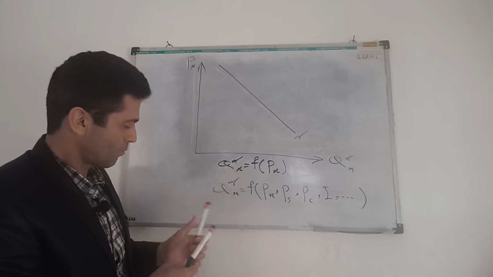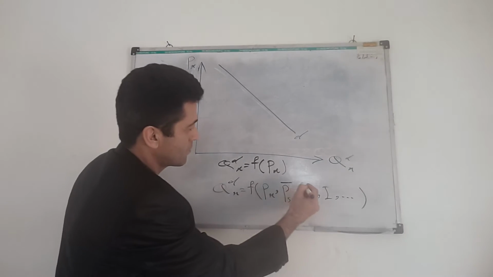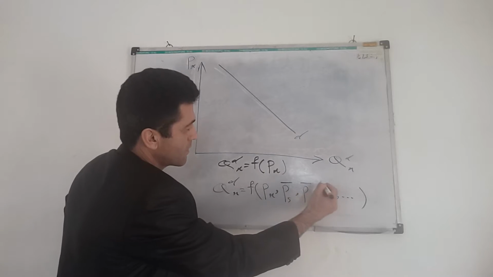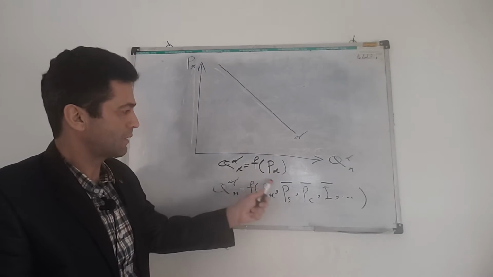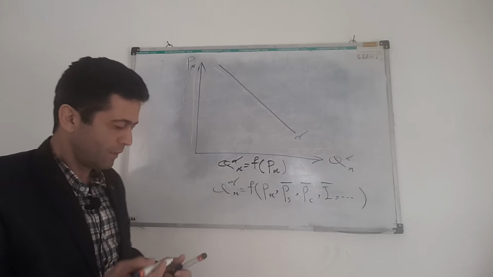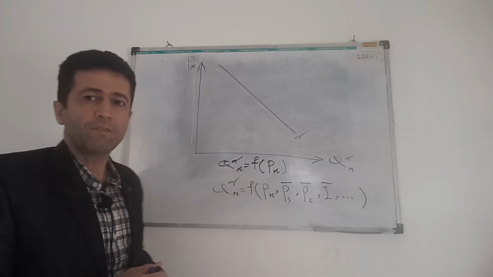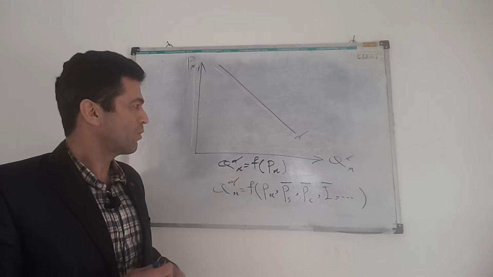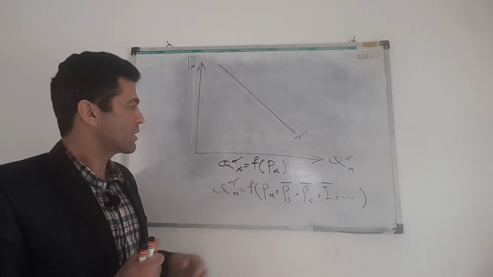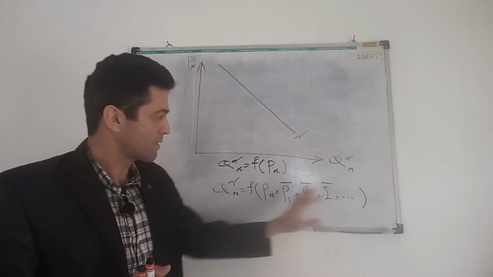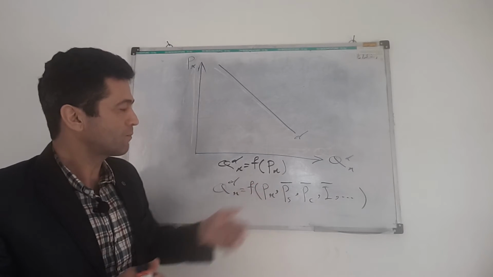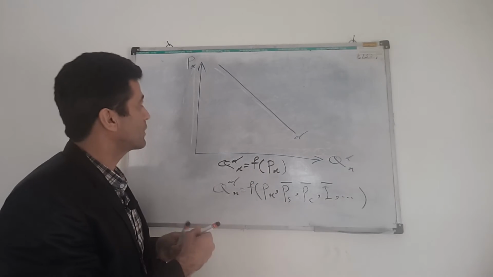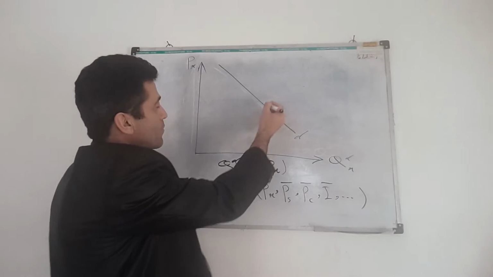But here we consider all factors constant other than the price of it. If the quantity of demand for a good changes because of other factors, not because of the price of it, the demand curve will shift to the right side or the left side.